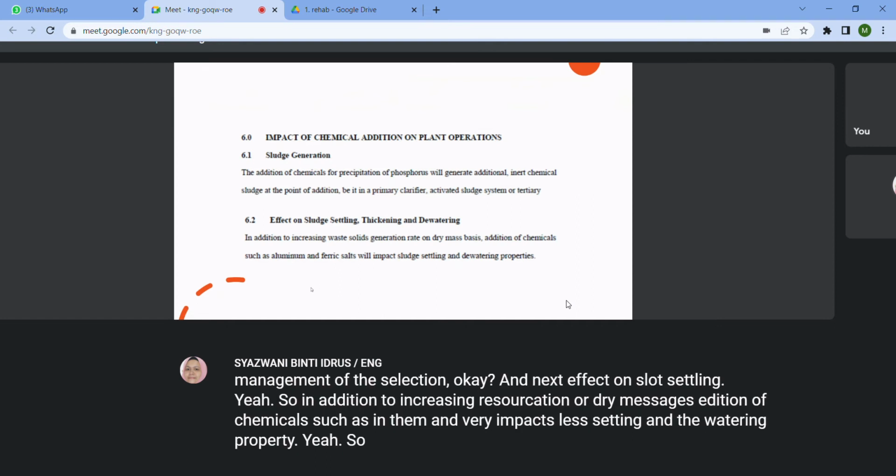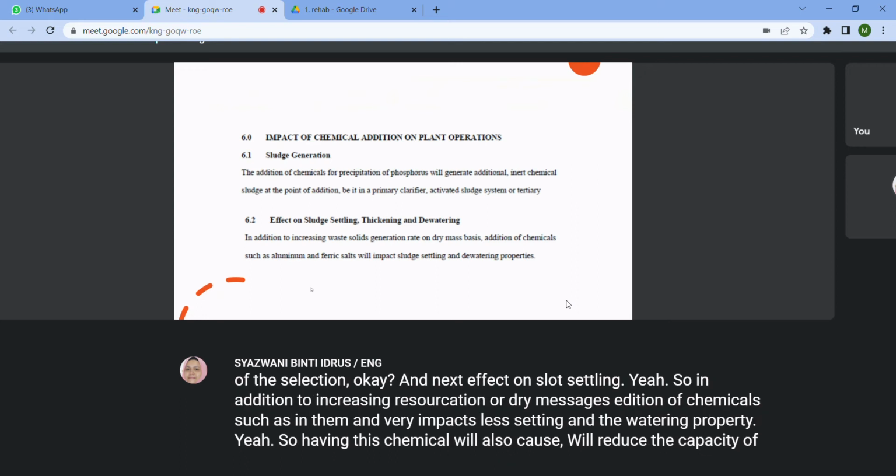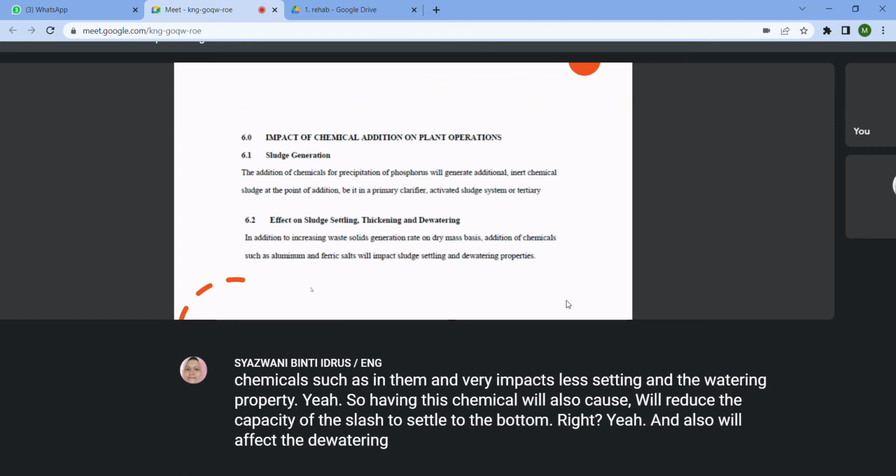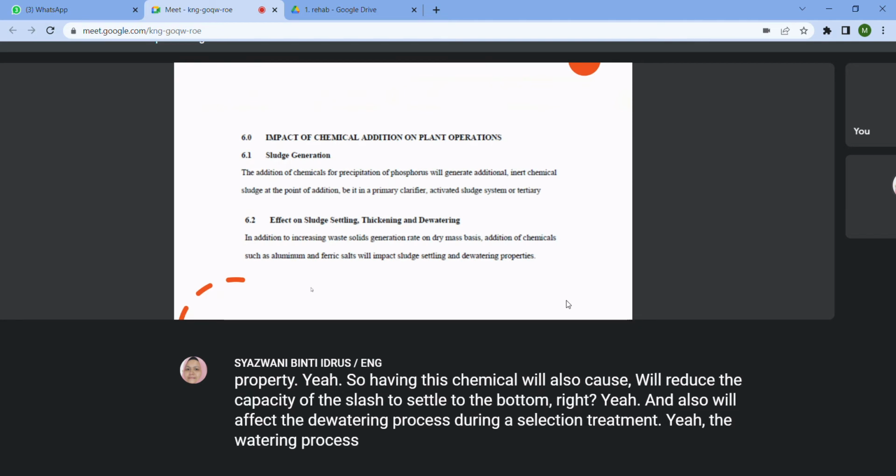So having this chemical will reduce the capacity of the sludge to settle to the bottom, and will also affect the dewatering process during sludge treatment. Dewatering is the process to remove water or moisture content during sludge treatment.